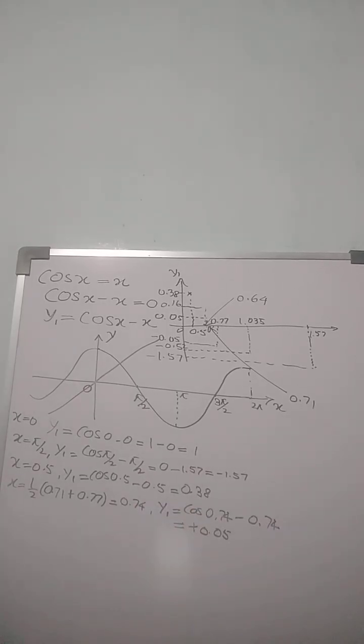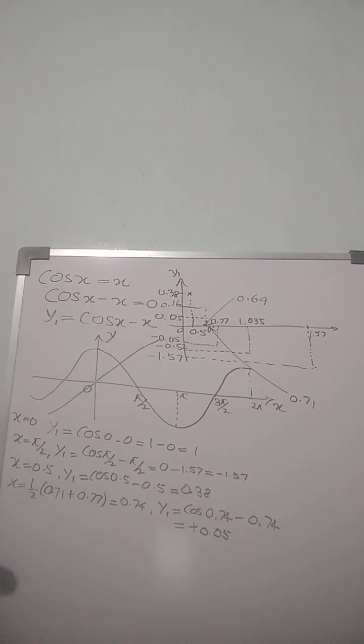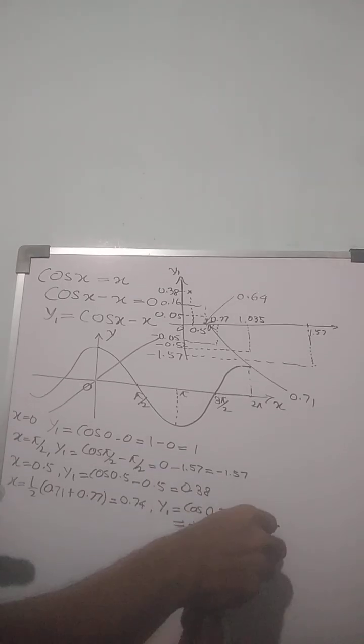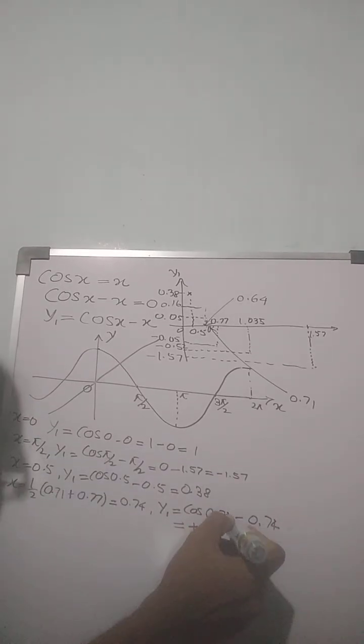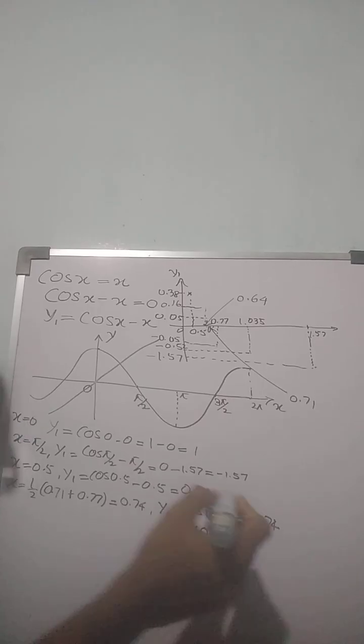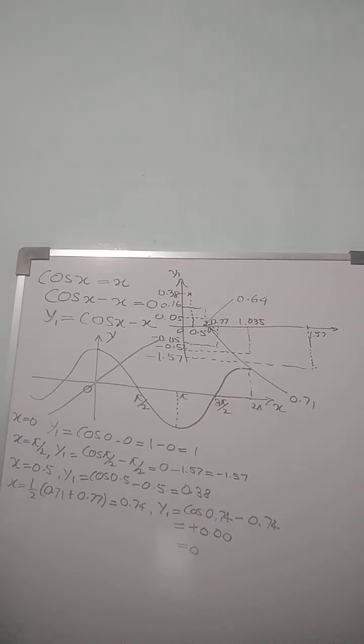It becomes 0.74. When x equals 0.74, y1 is equal to cos 0.74 minus 0.74, which is 0.0015. But we take up to 2 decimal places, therefore we can say 0.00. For 2 decimal places it is 0.